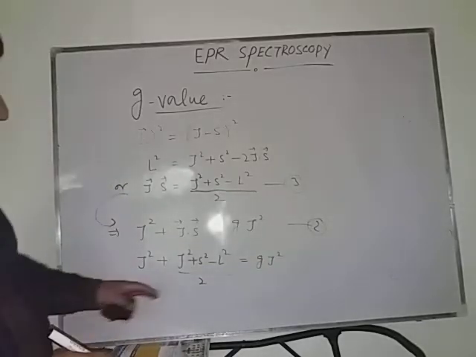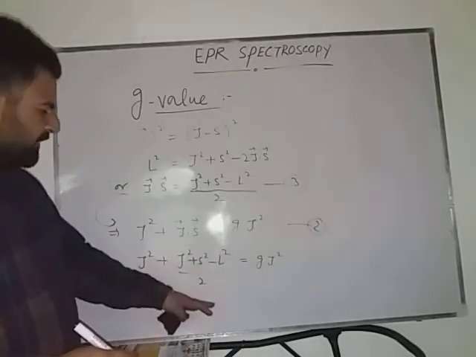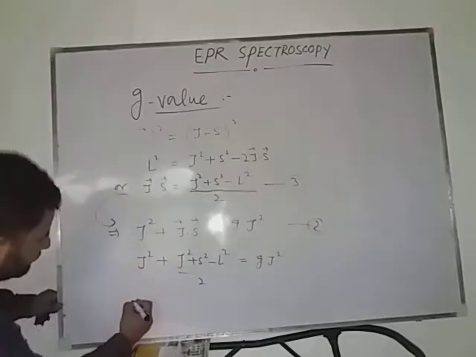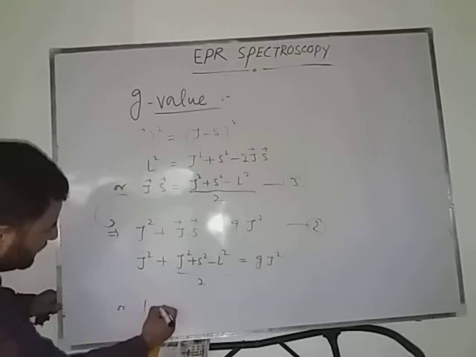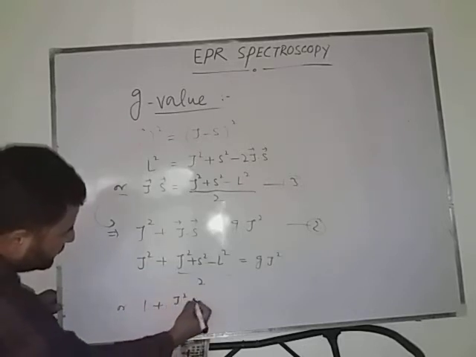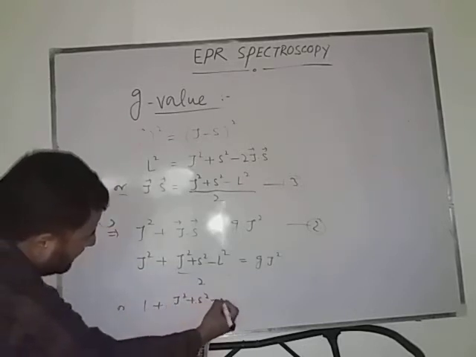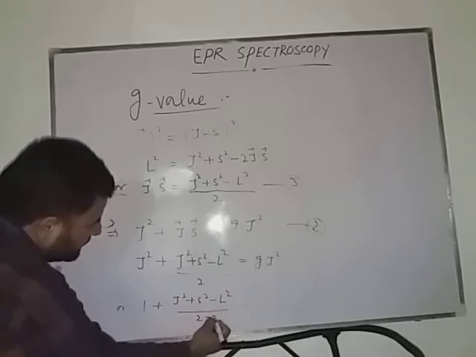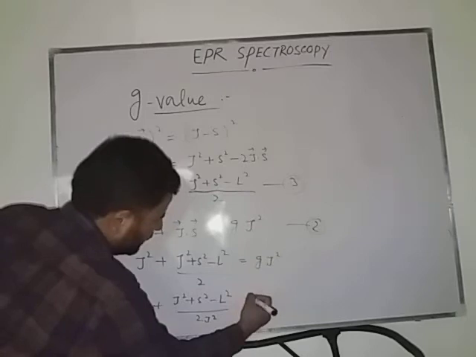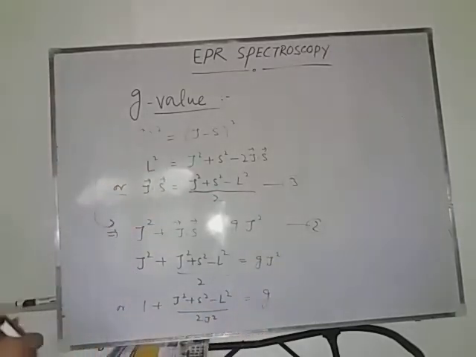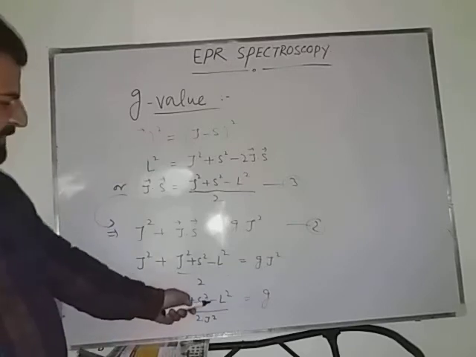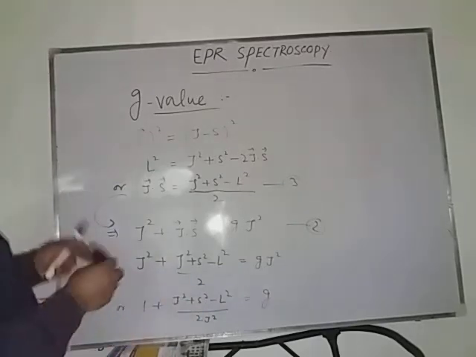Now we will divide every term by J square, so it will come out 1 plus J square plus S square minus L square divided by twice J square is equal to g. So we got g is equal to 1 plus J square plus S square minus L square divided by twice J square.